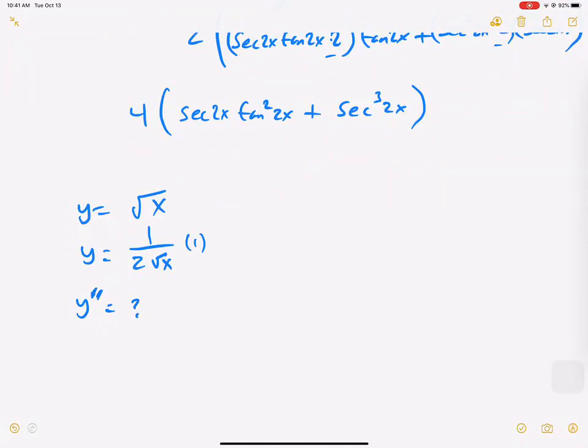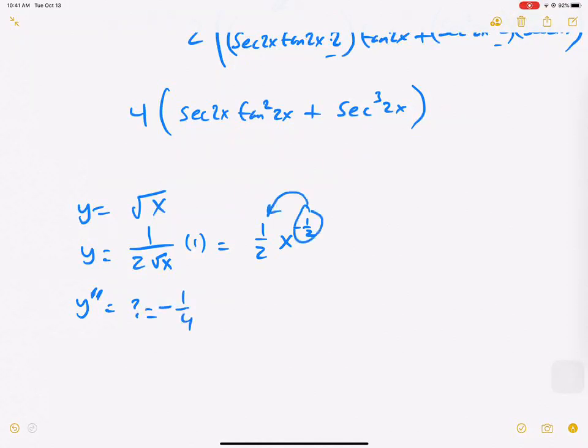Now I'm going to rewrite this as 1 over 2 x to the negative 1/2 power, because it's going to be easier for me when I take that derivative again. So when I take this second derivative, it becomes negative 1 over 4, because the 1/2 goes to the front.